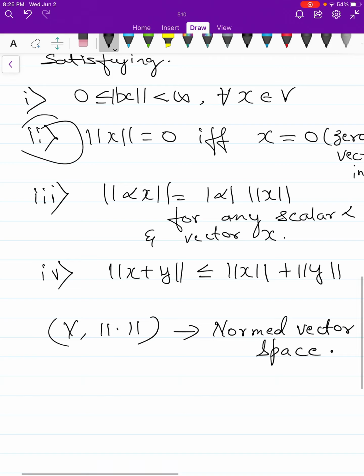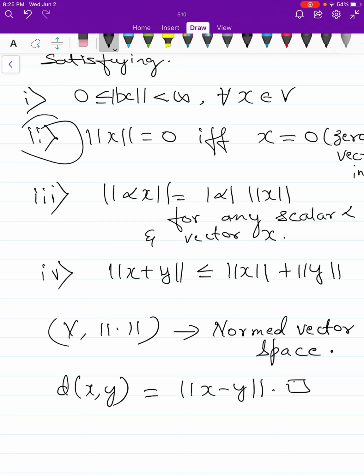The norm induces a metric d, which is norm of x minus y. So any norm will induce a metric on V in this manner, and this is usually referred to as the usual metric on any vector space.